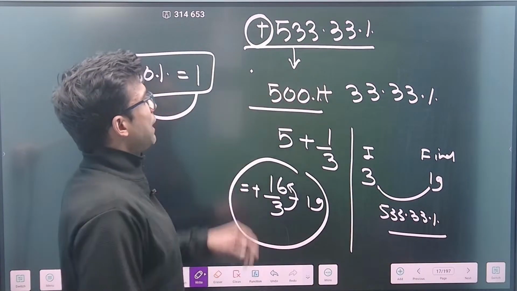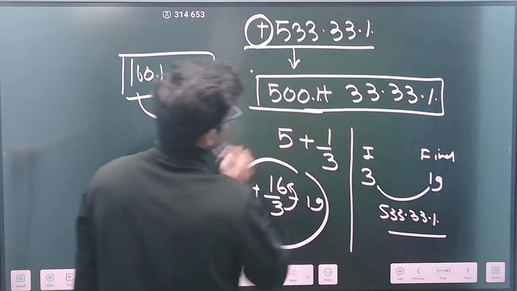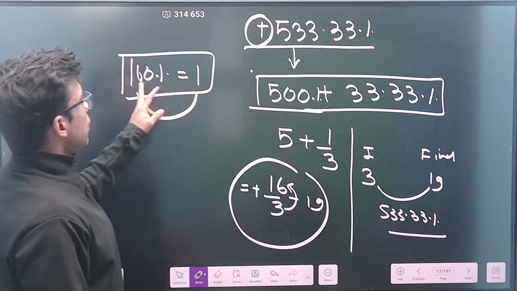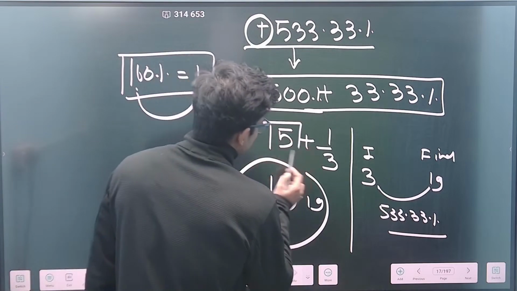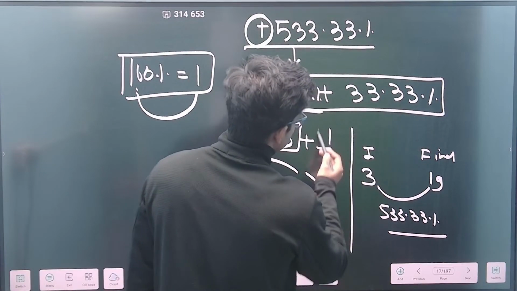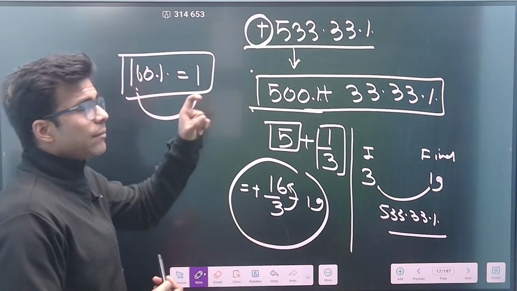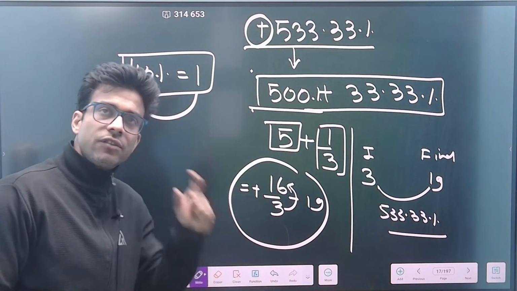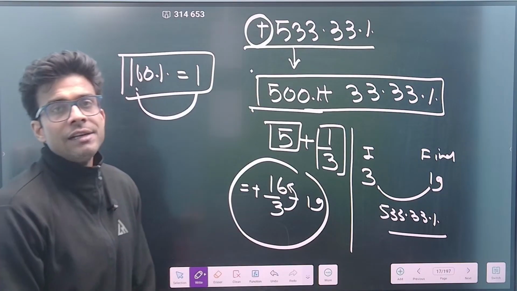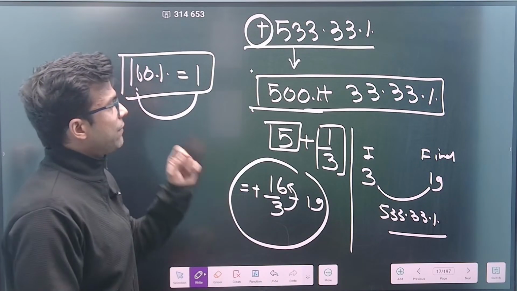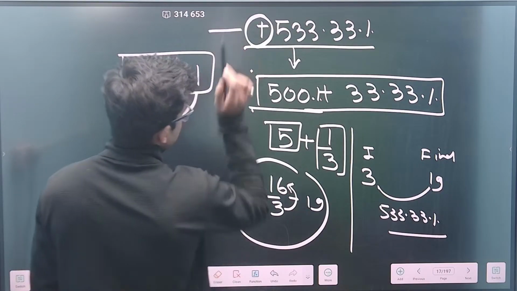533.33%, I can break it down to 500% plus 33.33%. 1 is equal to 100%, then 500% would be equal to 5. And I know that 33.33% is basically 1 by 3. If I say there is an increment of 533.33%, then I have added the plus sign here.